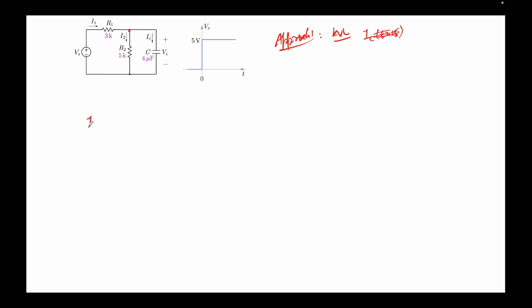We are required to find I1 at t equal to 15. If you carefully see, if I apply Ohm's law across this resistor, I1 times R1 should be equal to Vs minus Vc. Vs, and this node is nothing but Vc. So I get the expression Vs minus Vc over R1, right?